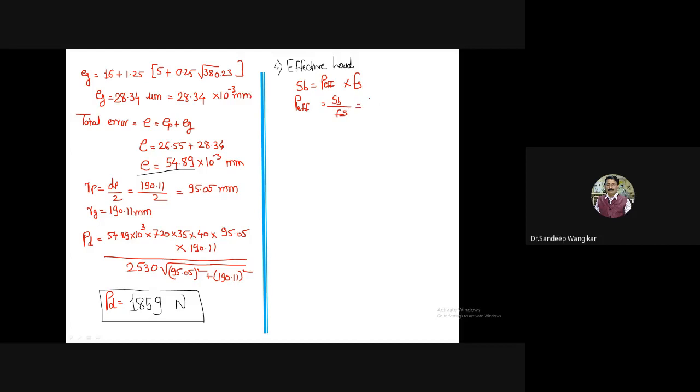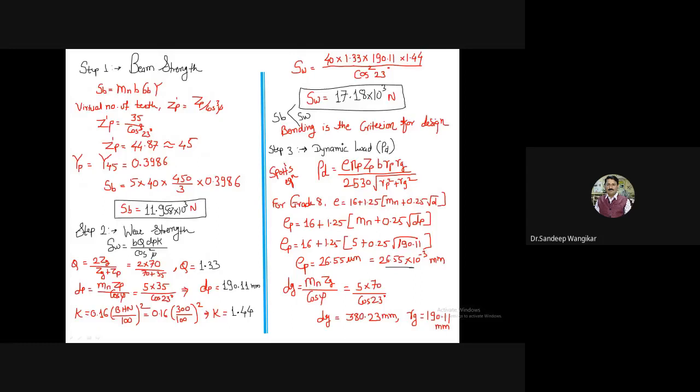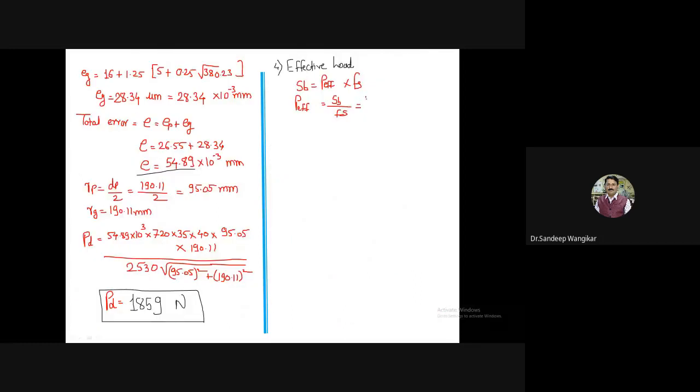So we are having value of SB 11.958 into 10 raised to 3, divided by factor of safety as 2. So you will get value for P effective as, tell me the value, just divided by 2. Very simple.